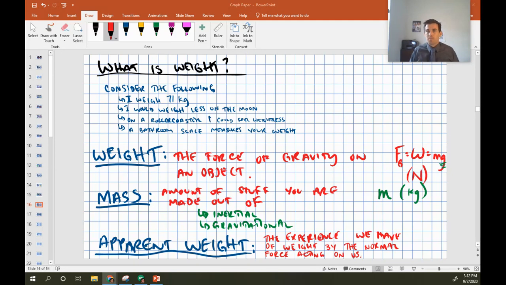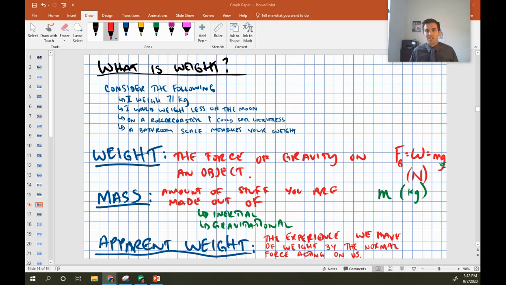The same thing happens with a bathroom scale. Bathroom scales are nowhere near sophisticated enough to somehow measure the gravitational attraction between us and the Earth. They just figure it out by looking at what the normal force of us pushing on them is. And then they assume that we're at rest and we're staying there, and so it must be true.